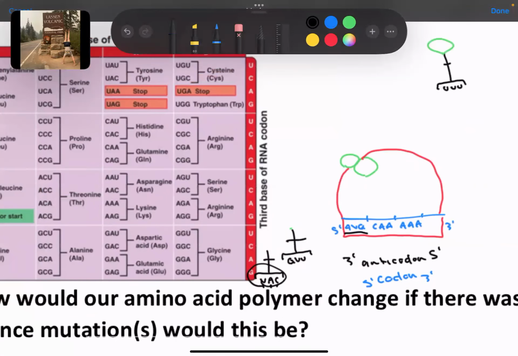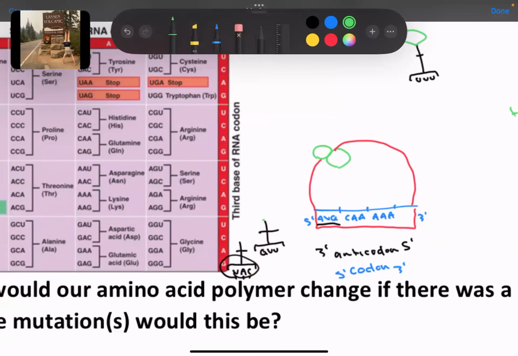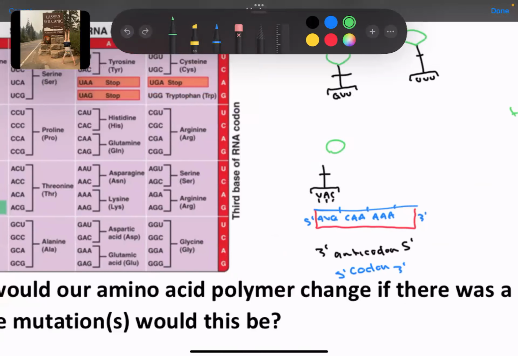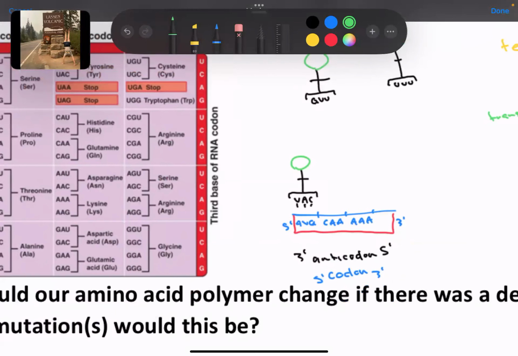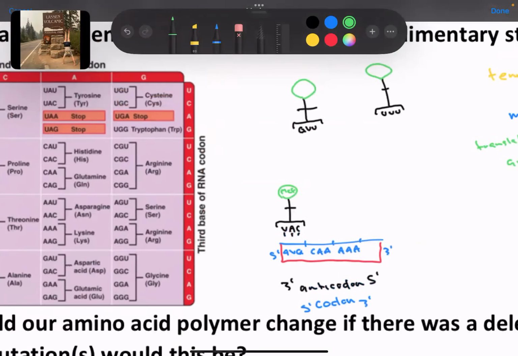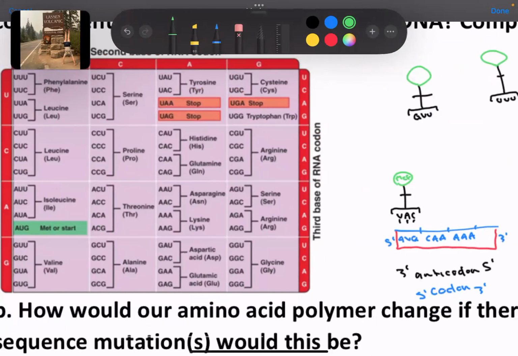And AUG is a very special codon. It was the methionine codon. So if I had to redraw it, which I am going to for some reason, before it detached, this was always a methionine. Let me think.